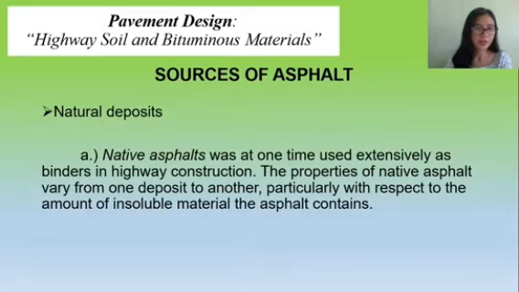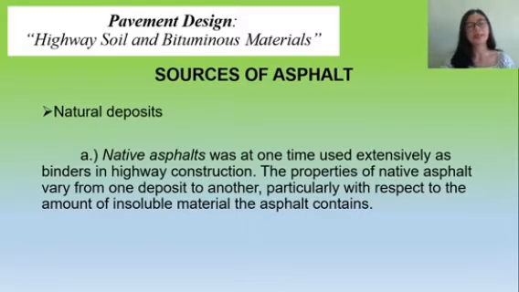Under the natural deposits, we have two types, the native asphalt and the rock asphalt. Native asphalt was at one time used extensively as binder in highway construction. It is also softened with petroleum fluxes. The properties of native asphalts vary from one deposit to another, particularly with respect to the amount of insoluble material an asphalt contains.